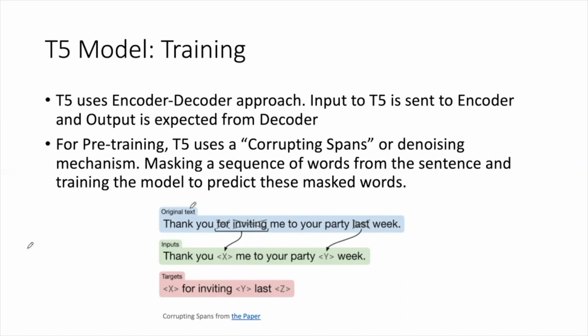Given a sentence, we replace a span of tokens with certain markers like X, Y, etc. This is what is provided to the encoder. What we try to predict in the decoder are the words that are missing, and other words are left as blanks. That's what we do in the decoder.